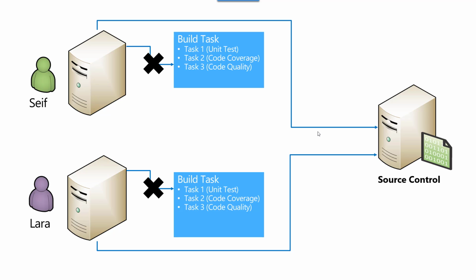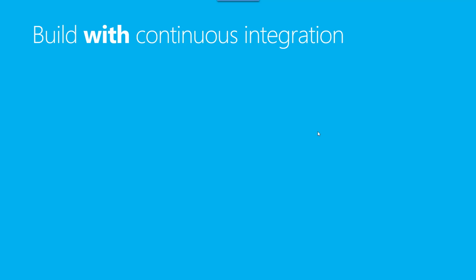Maybe they forgot, maybe they have a problem. I don't know. In this case, their code will not be integrated, and this will lead one of them, or maybe both, to commit code which is not integrated and doesn't satisfy my quality gates or specification. So let's see the scenario with continuous integration.